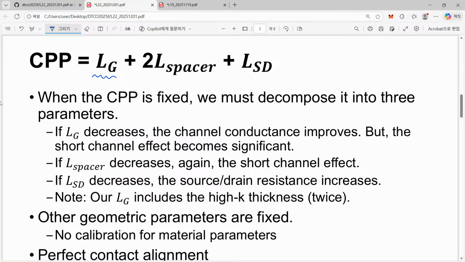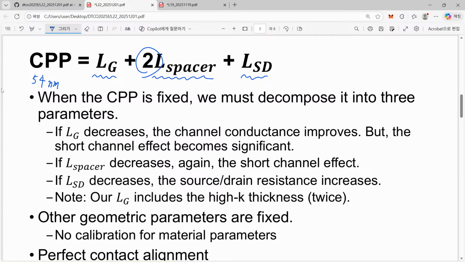We have CPP. In our currently available technology, CPP is 54 nanometer, and when we decompose it into different parameters, we can make it into 3 parameters: LG, gate length, spacer length, twice, and source drain length.